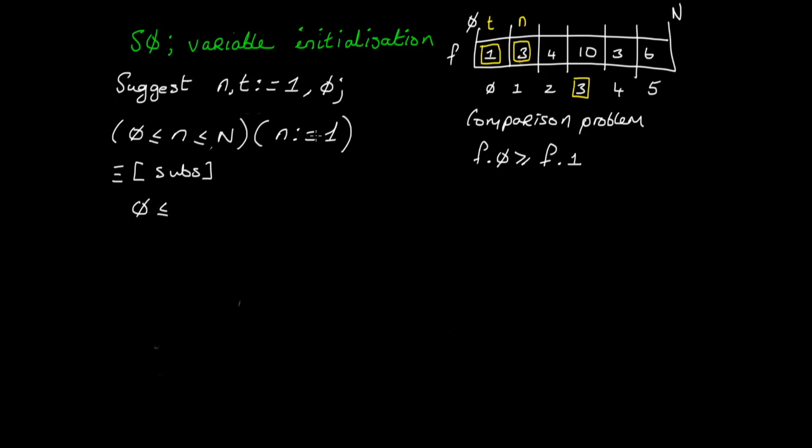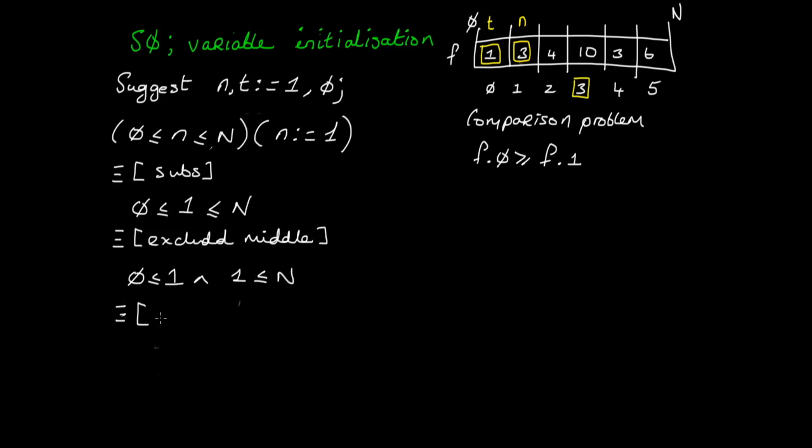And then n gets replaced with 1, so it will be 1 greater than or equal to 0, less than or equal to large N. And what we'll do here is we'll break this down by using excluded middle, and that will become 1 greater than or equal to 0, and 1 less than or equal to n.